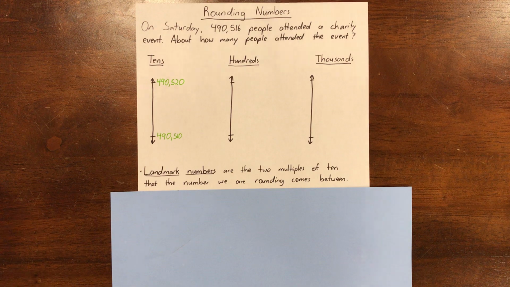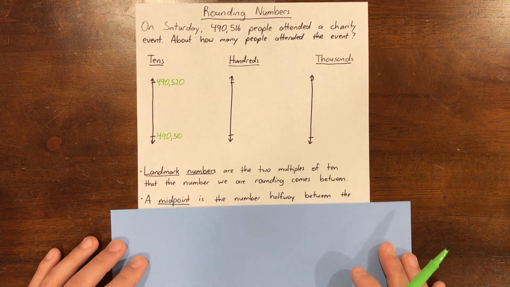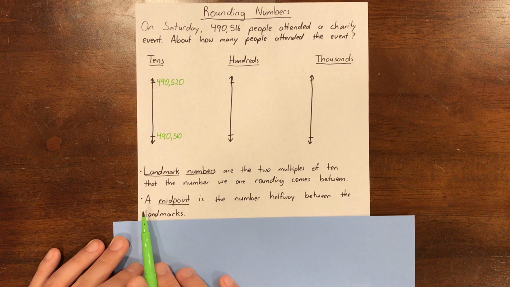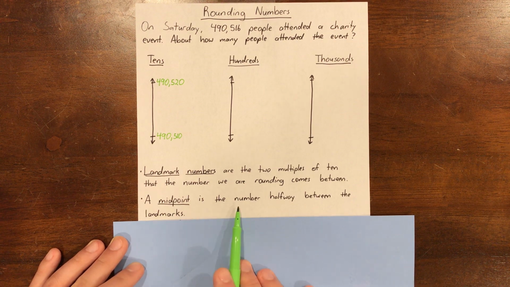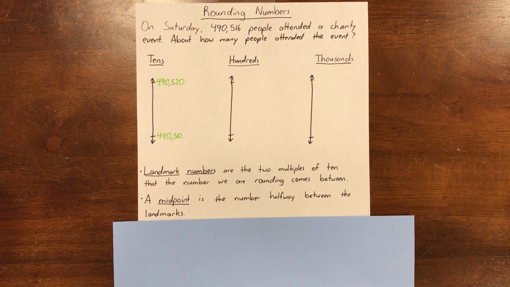So next we have to identify our midpoint. Do you remember what a midpoint is from third grade? If so, go ahead and say it out loud. Okay, go ahead and read this with me. Go. A midpoint is the number halfway between the landmarks. Great. So what would be the midpoint between 490,510 and 490,520?